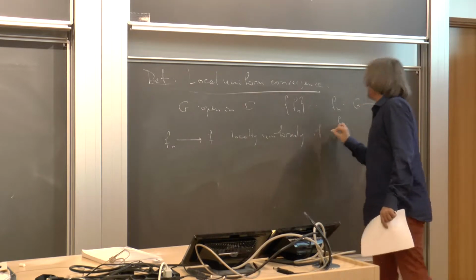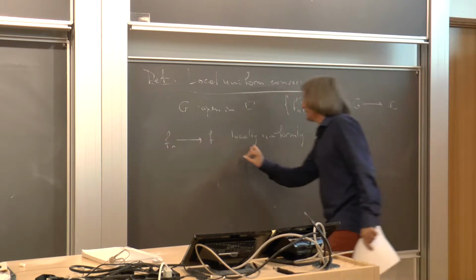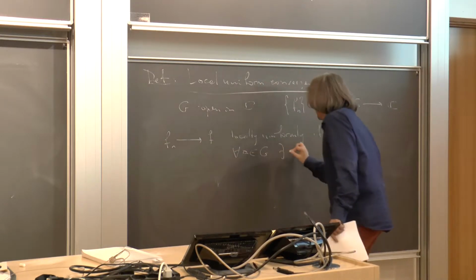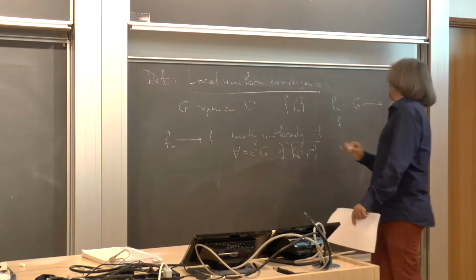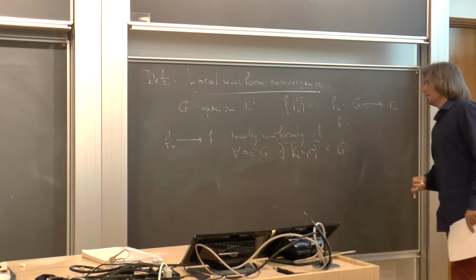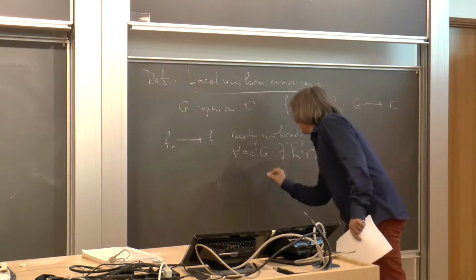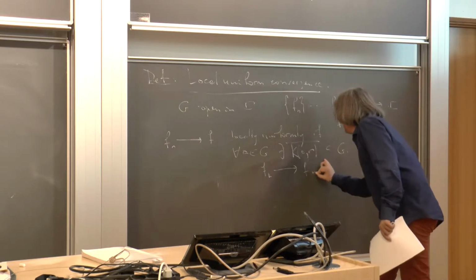if for any point a in G, there exists a closed disk K_a,r inside G, on this disk, F_n converges to F uniformly.